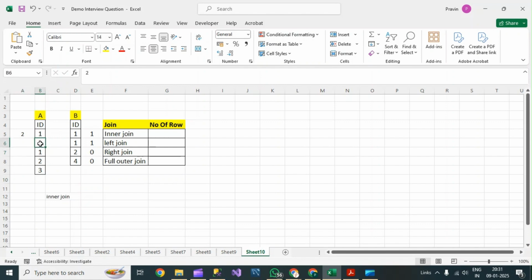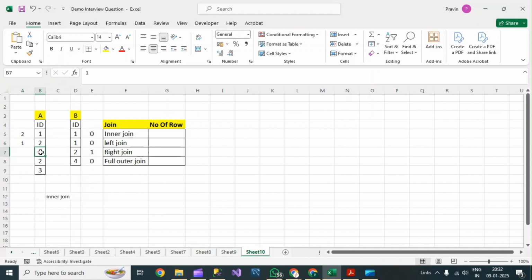Two records. Then again two: the first position in B table is one, so it will not match, zero; then these two match with this, so one record. Then again these two do not match, so for the two there is one record selected.